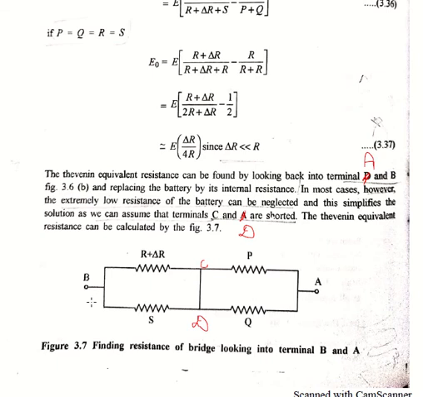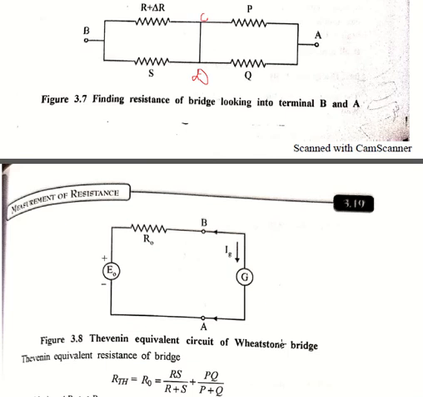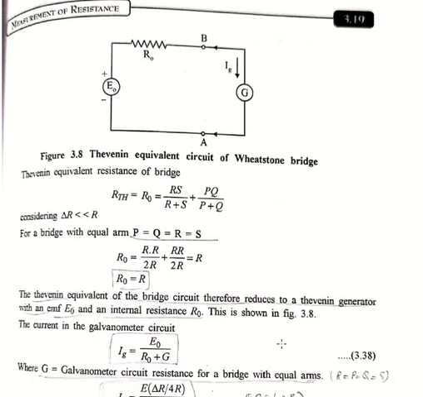Like we have the resistance across B and A as like this. Now finding the equivalent resistance. This is the basic Thevenin equivalent circuit of the Wheatstone bridge, where we have R naught, that is the equivalent resistance, Ig as the current through the galvanometer, and E naught is the open circuit voltage.